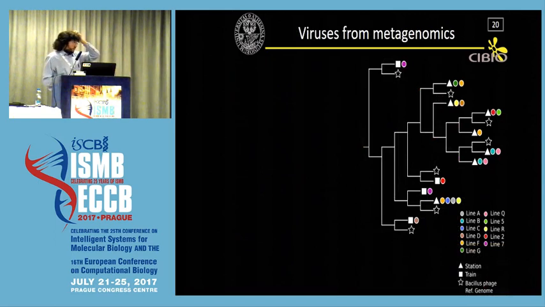And we could do the same with viruses, which are extremely interesting, and this is a quite recent line of research we have established in our lab. We could do the same kind of reconstruction based, in this case, on the full genomes of viruses from the New York subway again.